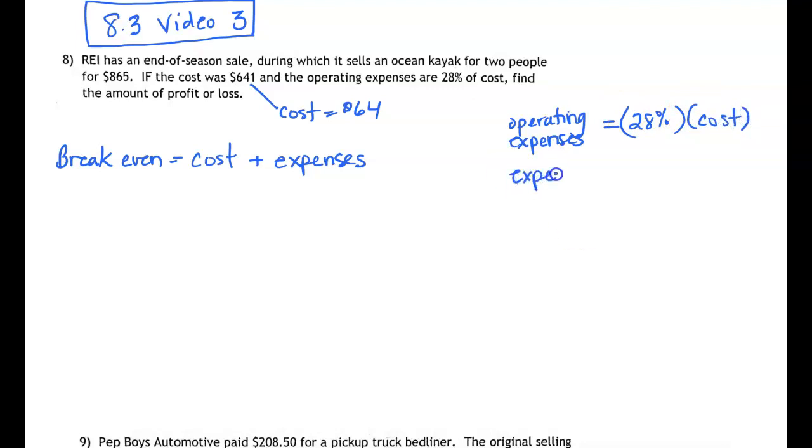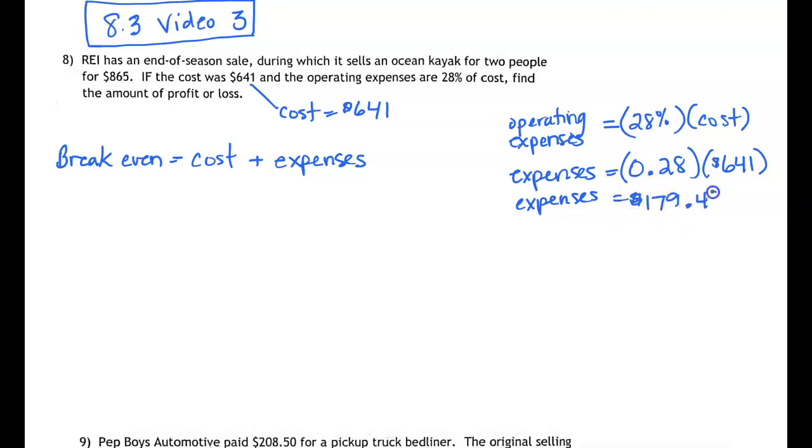So to find those expenses, 28% as a decimal, 0.28, and the cost was given to us as $641. Multiplying, we find that the expenses are $179.48.